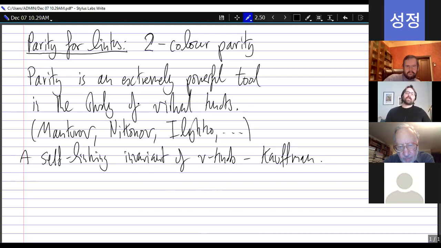And so why is it so extremely powerful? Well, a few things, many very difficult results that are slippery and very hard to get your hands on without parity become miraculously extremely easy to prove when you have the parity construction.